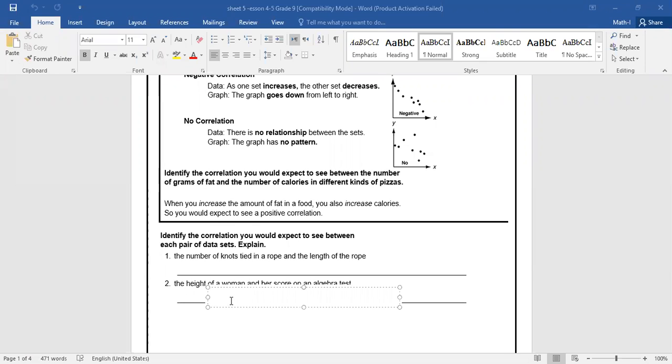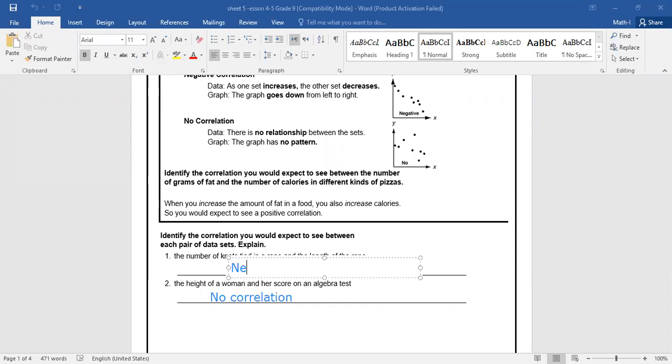So in this situation, no correlation. What about the first one? It will be a negative correlation.